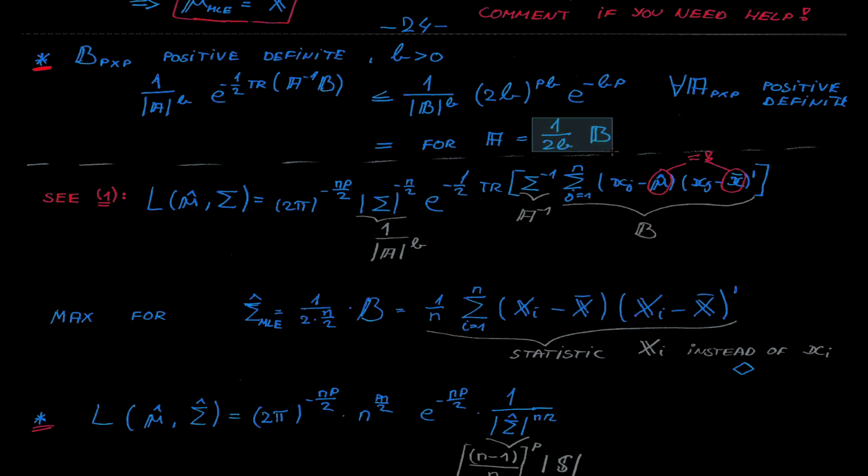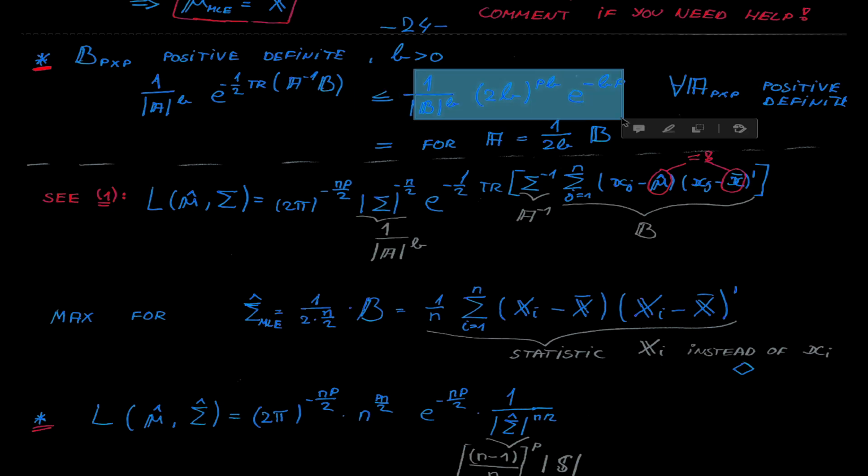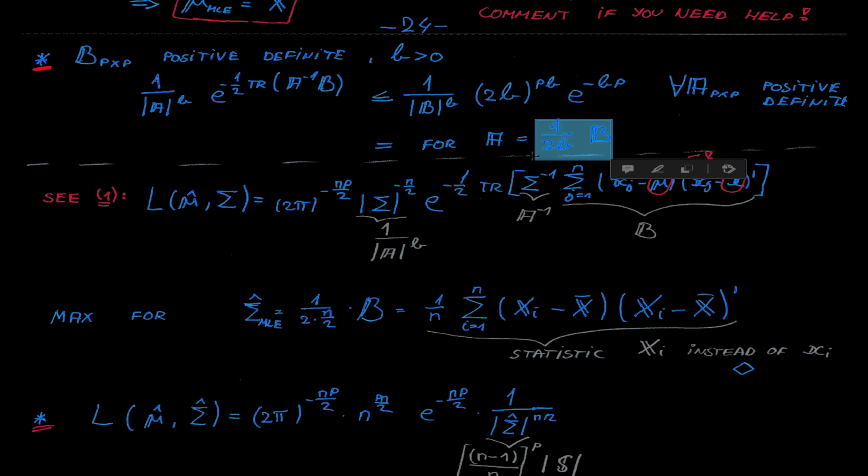Now this is a function of sigma, and we want to maximize it, and it will be maximized because it is, as you can see, smaller or equal than this expression always, and it reaches that expression for this choice of A.